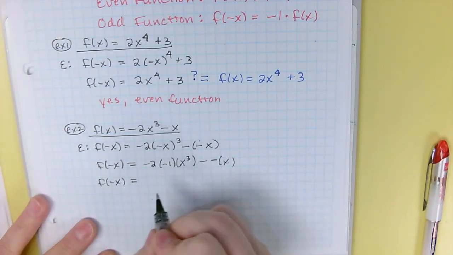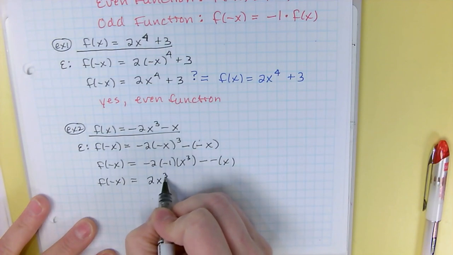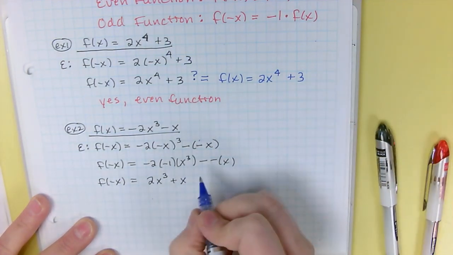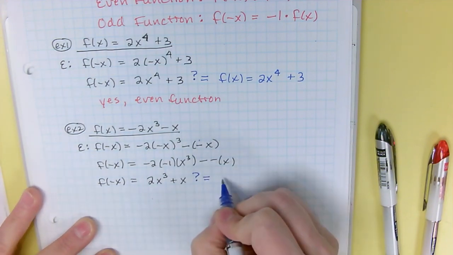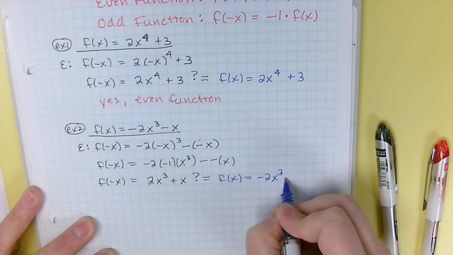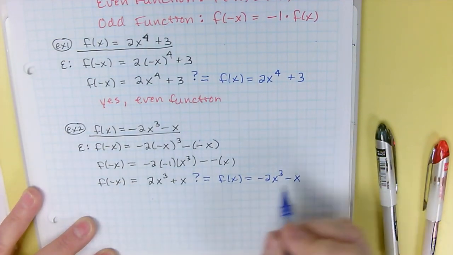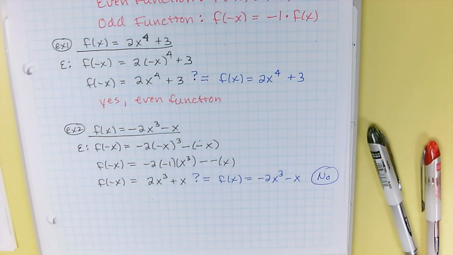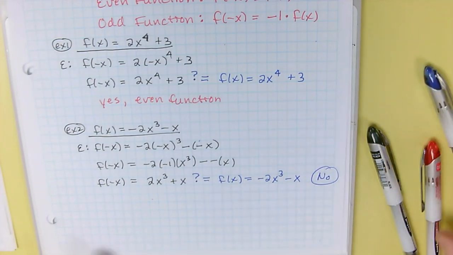Multiply. Negative 2 times negative 1 is positive 2x cubed. And a negative times a negative is a positive. So the question is that equal to the original function, which was negative 2x cubed minus x? No, it does not match. So our function is not even.